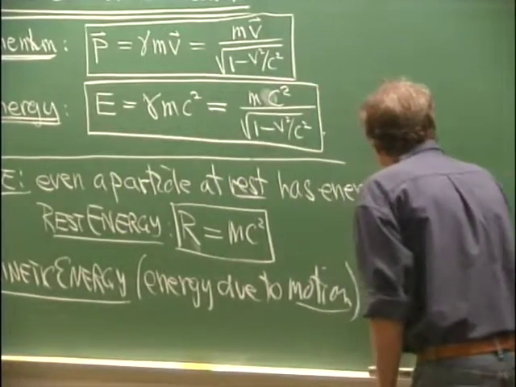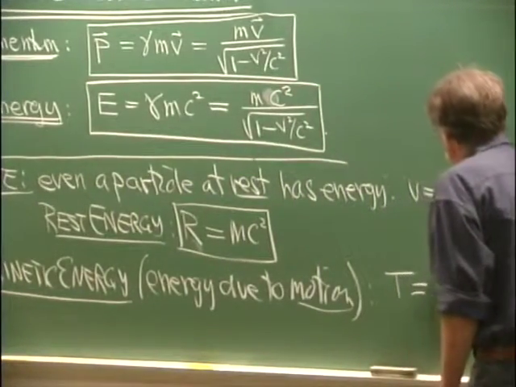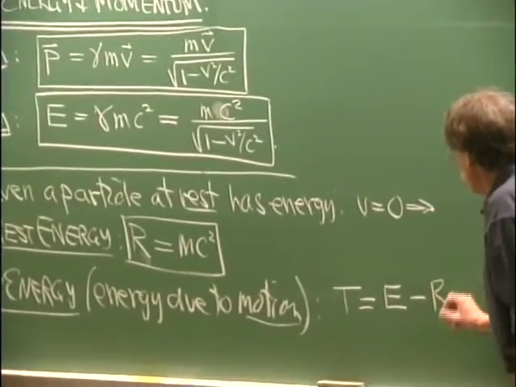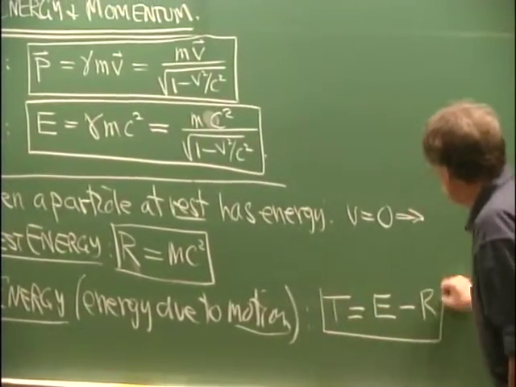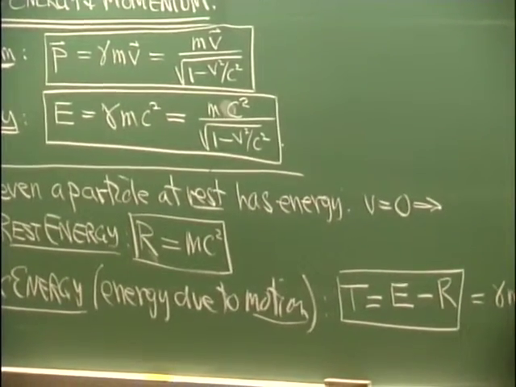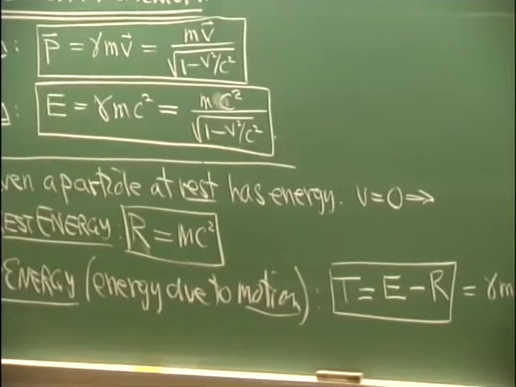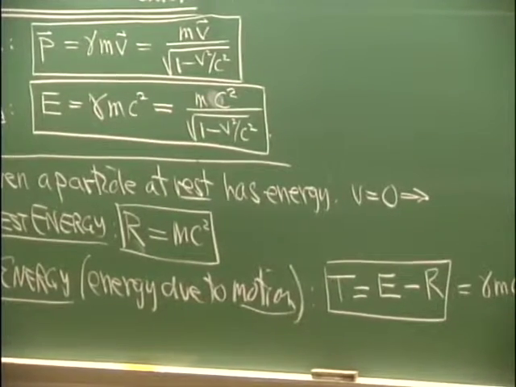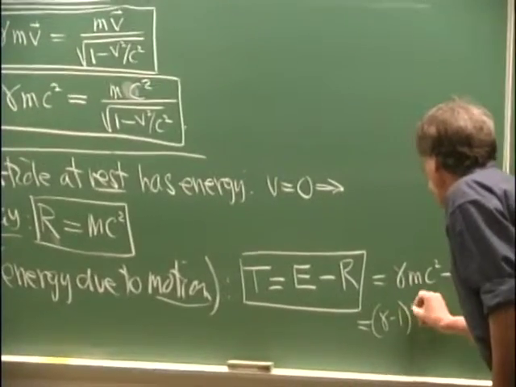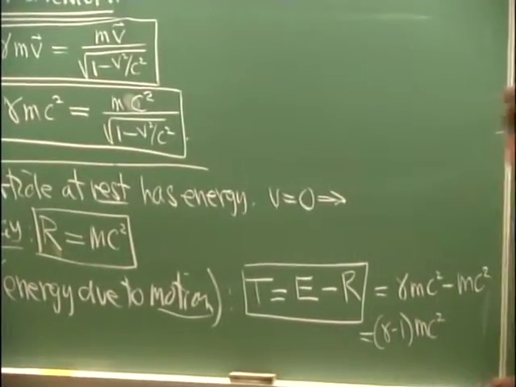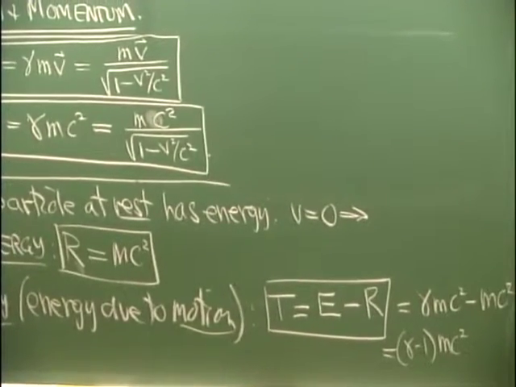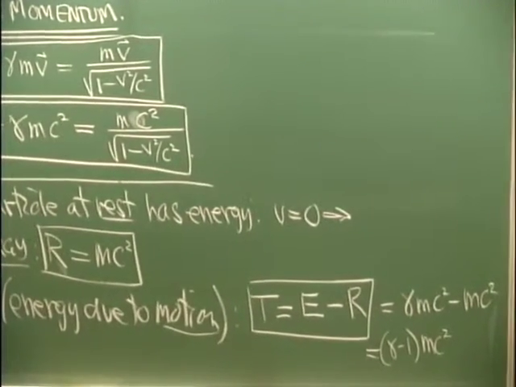So kinetic energy, T, is equal to E, the total energy, minus R, the rest energy. Which is to say, it's gamma mc squared minus mc squared itself. Or if you like, gamma minus 1 times mc squared. So there's the energy associated with the motion of the particle, the kinetic energy in special relativity.